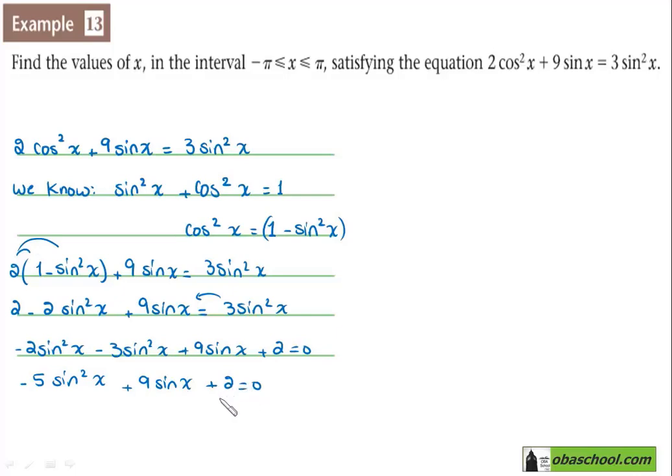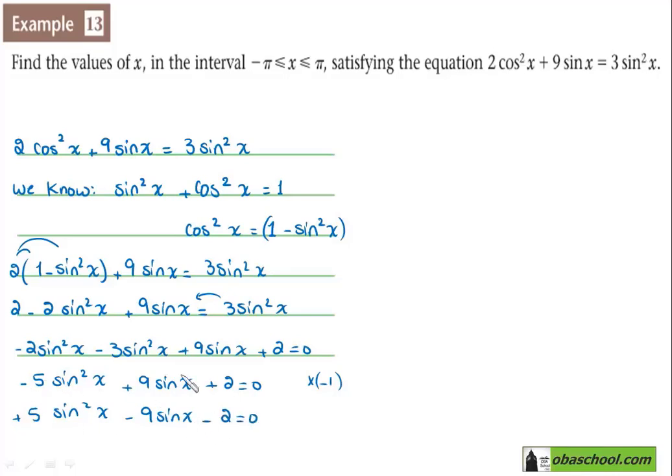Usually the coefficient of the power 2 is positive, so we are going to multiply the entire equation by minus 1. Plus 5 sine squared x minus 9 sine x minus 2 equals 0. This is the quadratic equation that we already worked with previously.